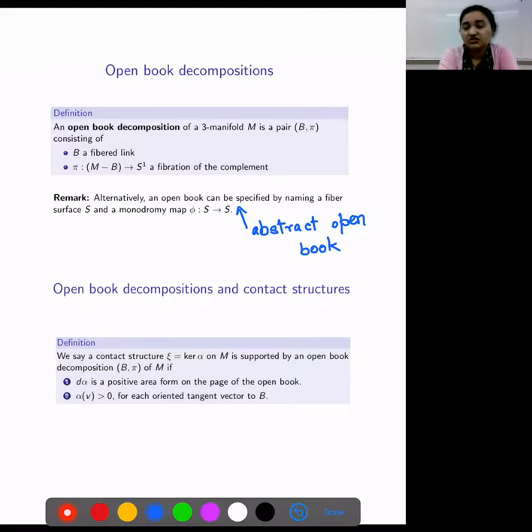And the first condition says that the fiber surface, which is the page of the open book, has tangent vectors that appropriately approximate the contact structure. Whenever these two conditions are fulfilled, the open book and the contact structure are compatible.